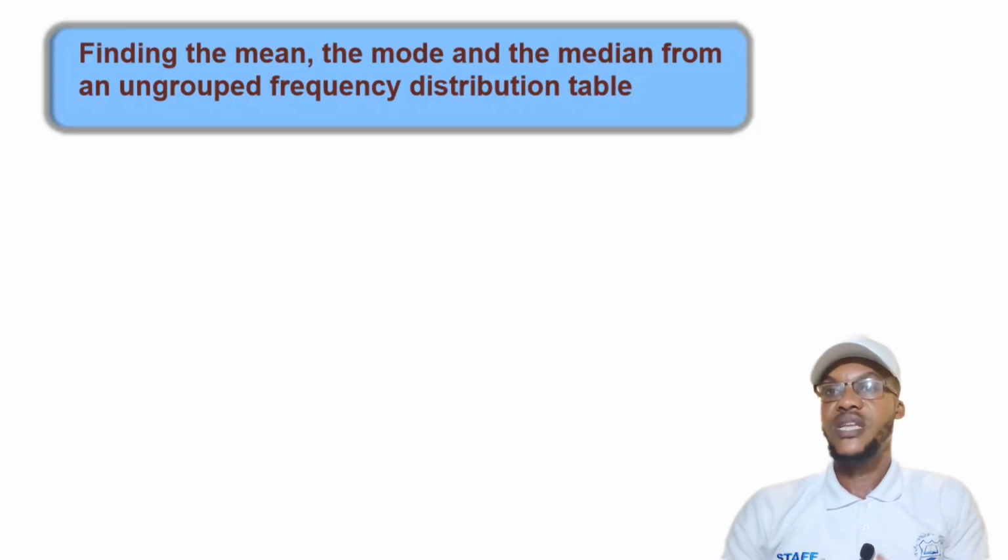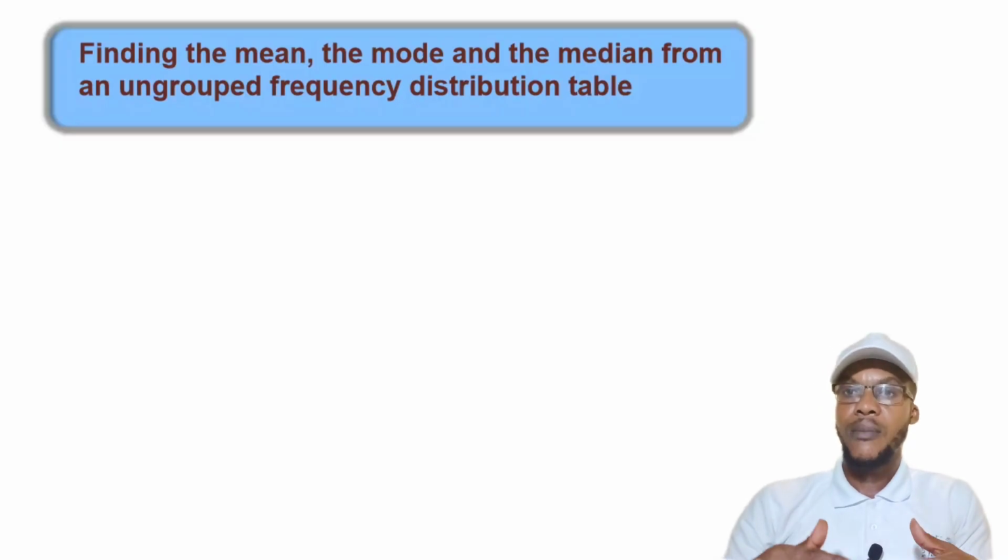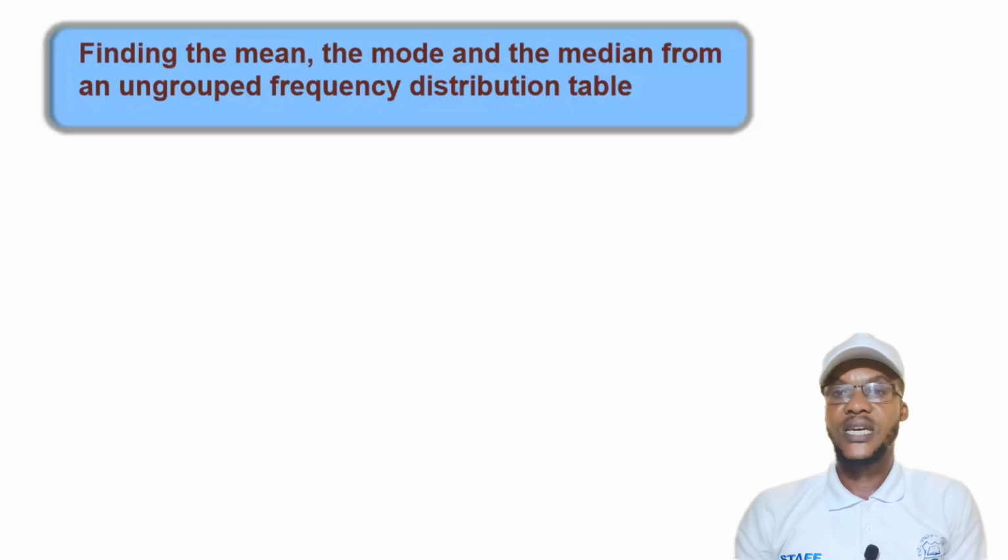But when you put them in their classes, in a certain range, for instance, 5 to 10, 11 to 15, 16 to 20, those categories or classes, that's what we call a grouped frequency distribution table.